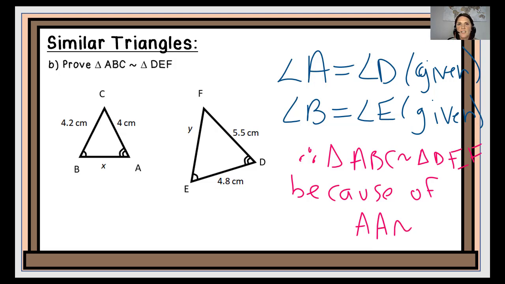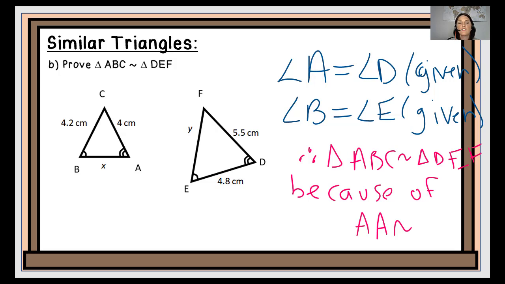Since we have angle-angle similarity, triangle ABC is in fact similar to triangle DEF. Therefore triangle ABC is similar to triangle DEF because of angle-angle similarity. And that's it, we've proven that the triangles are similar.